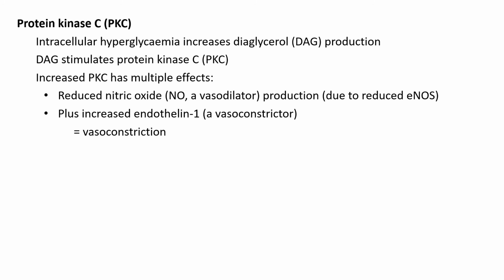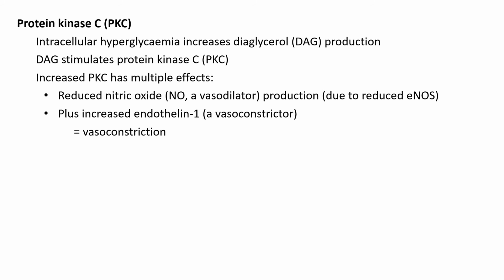It does this by reducing the enzyme eNOS, endothelial nitric oxide synthase, that leads to the production of nitric oxide. Of course, nitric oxide is a key physiological vasodilator. It usually works locally to vasodilate if there's any obstruction or any issues.